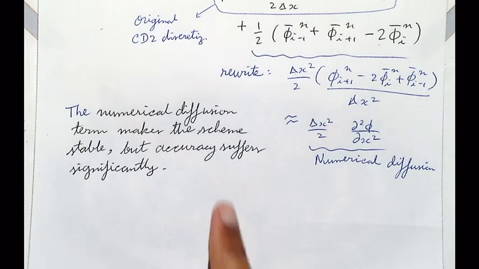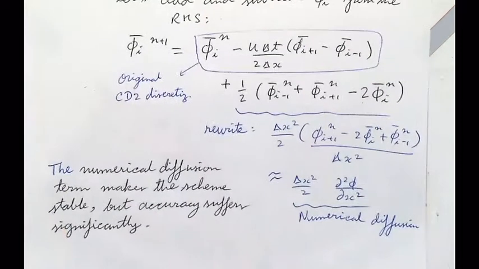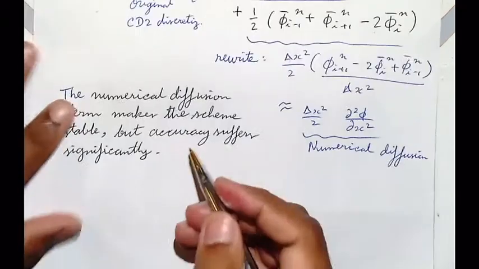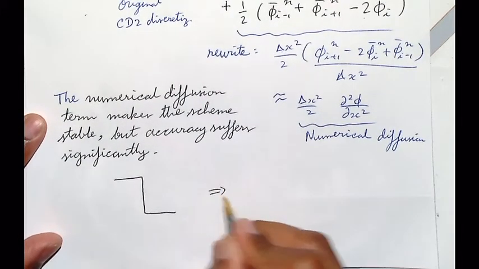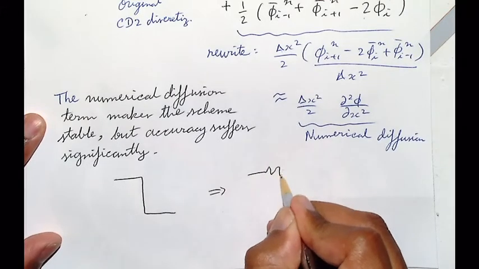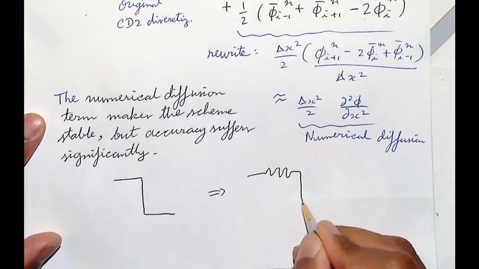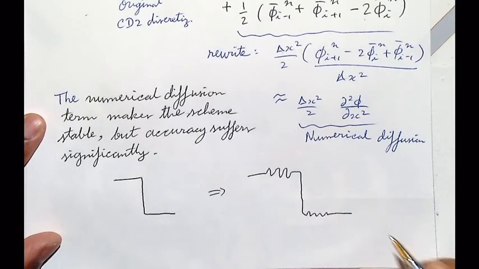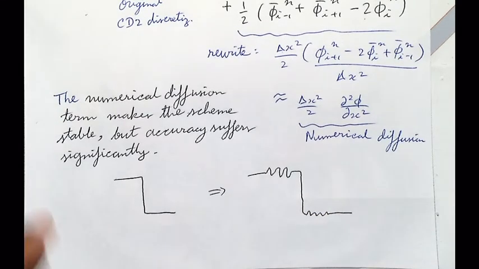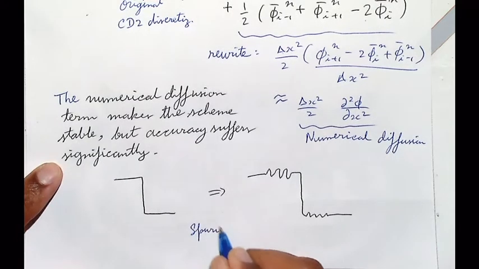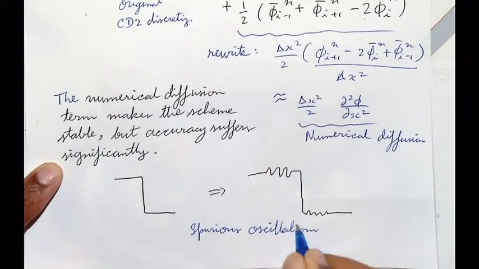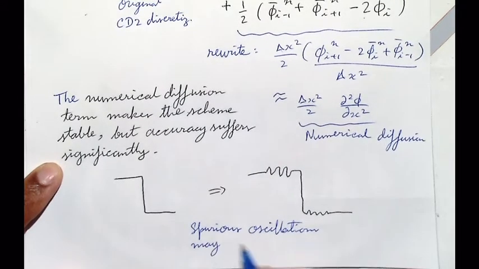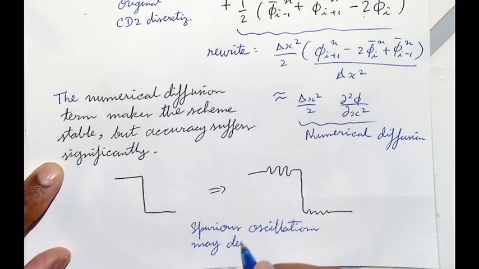Another drawback of doing this is that if you're advecting a sharp gradient like this, you will develop spurious numerical oscillations right at the jump. They will develop at sharp gradients.